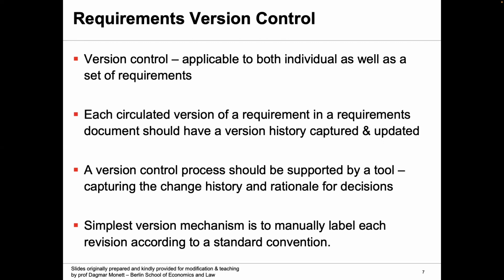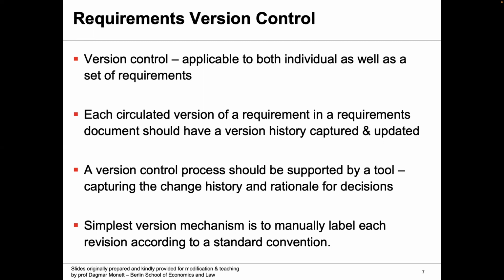For that purpose, we need to have a version control. And what is a version control? How do we implement it in a project? It's like you are basically managing multiple variations of the same document, okay?